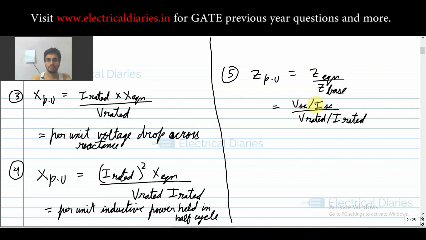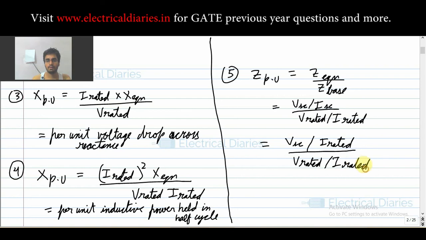I will explain this expression in the video regarding the short circuit test and open circuit test. And from this expression you can also take it as your VSC divided by I rated, in cases where your short circuit current is the same as the rated current. You can perform the short circuit test in such a way. So it will be V rated by I rated.